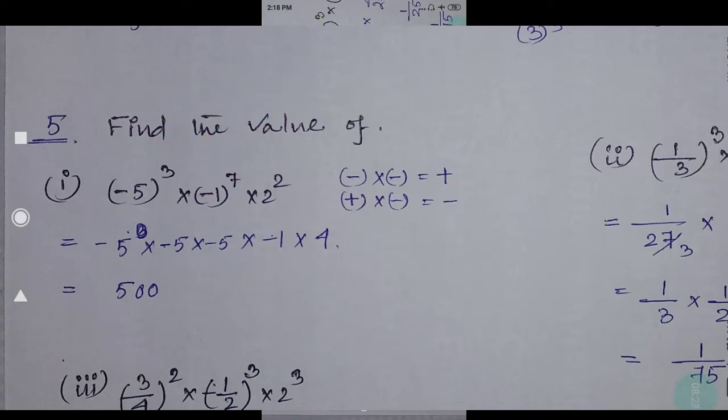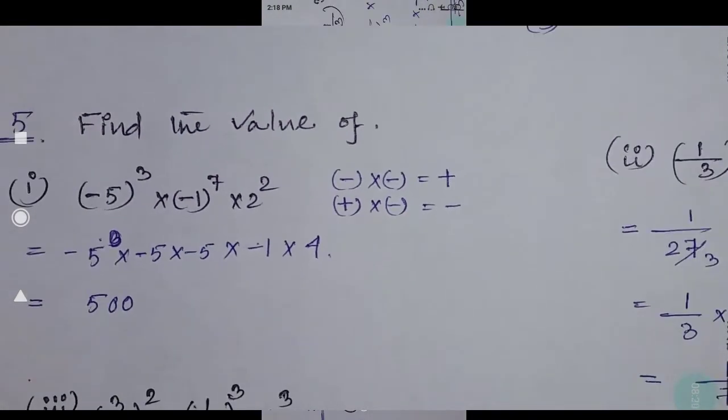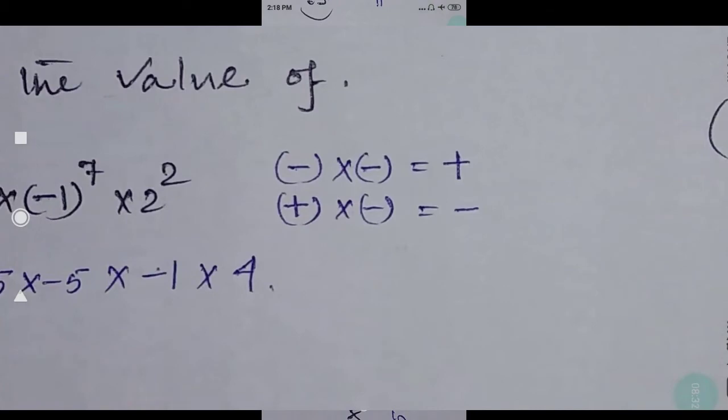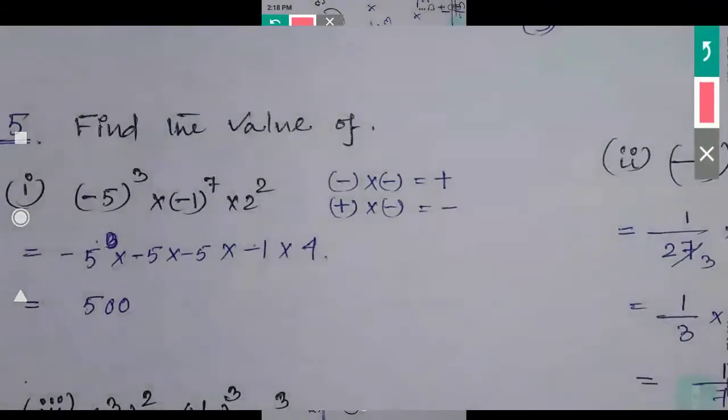That means if you multiply two minuses, the final answer will be plus. Or if I multiply one minus with one plus, then it will be minus only. That means minus into minus is plus, and plus into minus, or minus into plus, will always be minus only. Or if you multiply plus into plus, then it will be plus only.